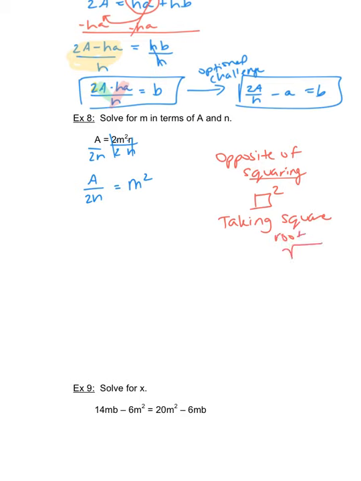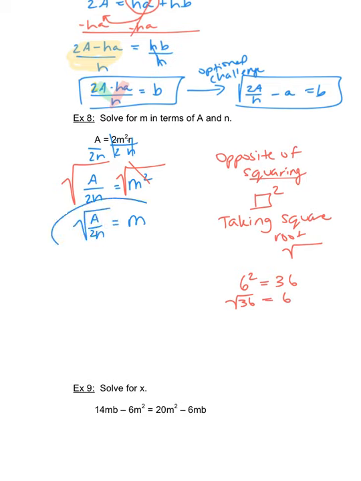So if you think about just any random number, like 6 to the second is 36, 6 squared, and then the square root of 36 takes me back to 6. So they undo each other, squared and square root. So since that's true, I take the square root on both sides here, and that cancels out my squared, leaving me with just m. So I end up with m equals, and I just copy this square root around the fraction, square root of a over 2n.